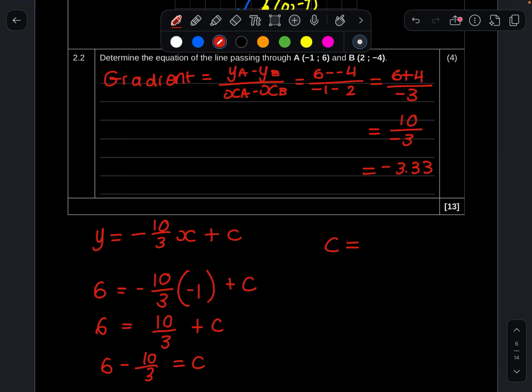So c is equal to 2.67. So then the equation of this line, which is the answer here, is y is equal to minus 3.33x plus 2.67.